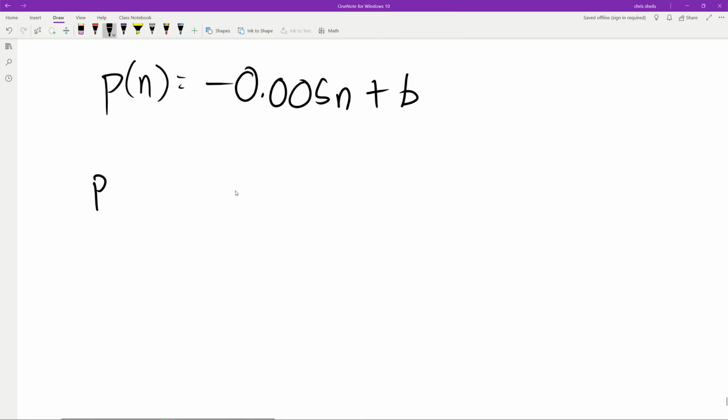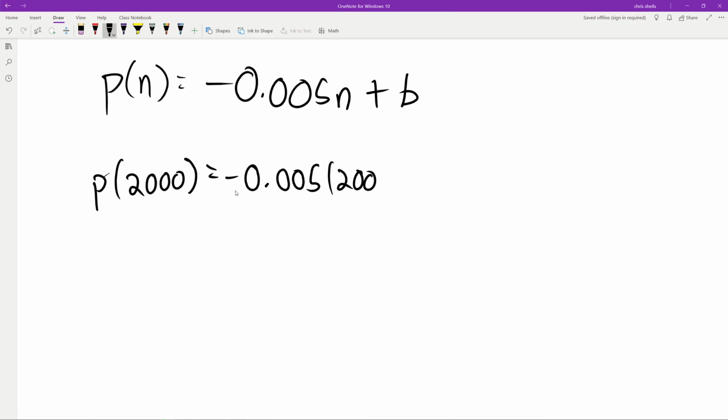So I should have P of 2,000. This is negative 0.005 times 2,000. You could have chosen P of 3,000 instead, and you still would have gotten the same answer. I know that P of 2,000 is equal to 12, right? You can sell 2,000 shirts at a price of $12.